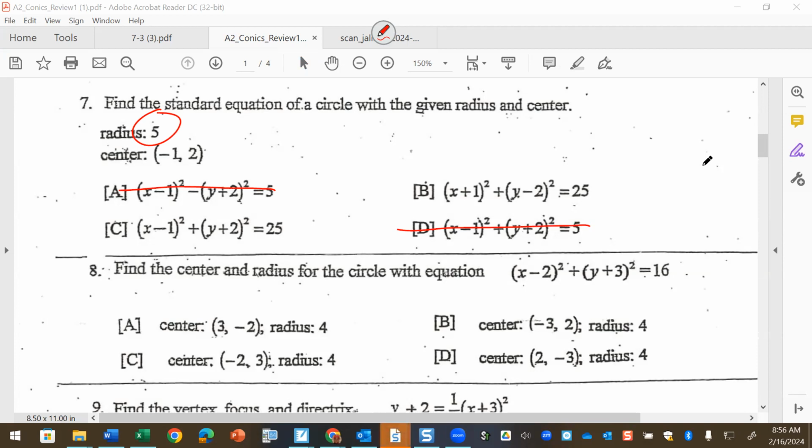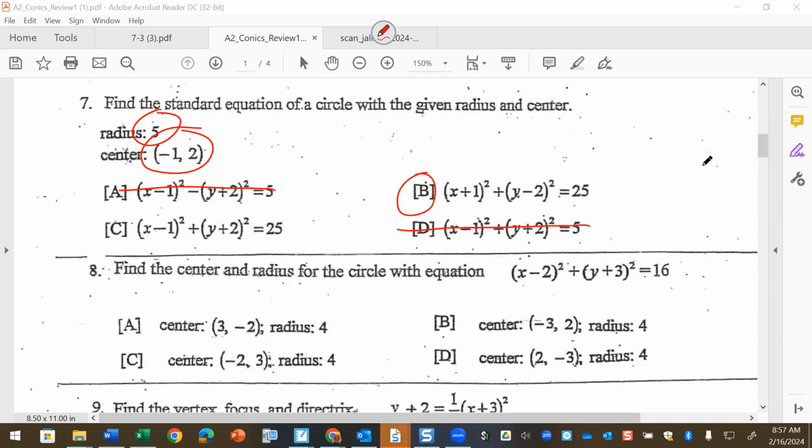Even if you don't know what you're doing from here on out, you have a good chance of guessing, and on the SAT. And what's really the decider here? You have -1 and 2. You have to make sure they are what, look. What word am I looking for? Opposite, right? So which one is it, B or C?